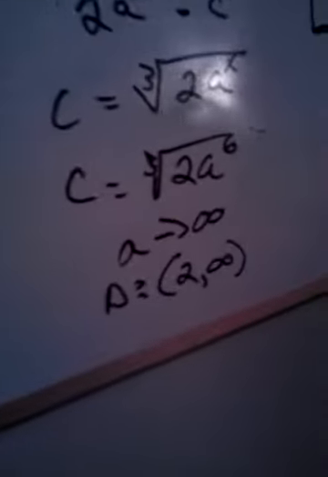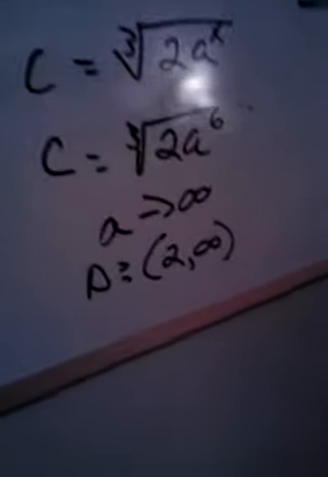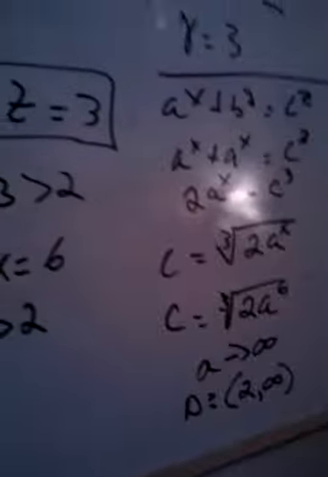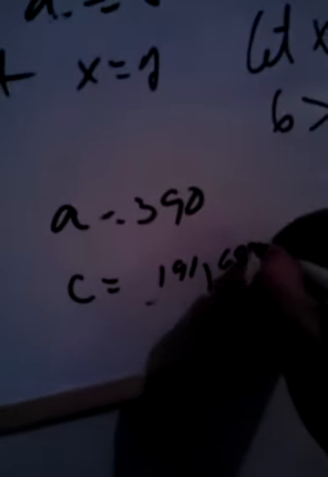We get the first solution when A is equal to 390. When A is equal to 390, then C is equal to 191,634.